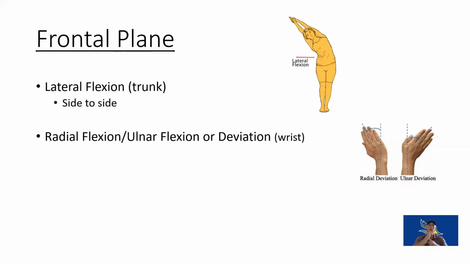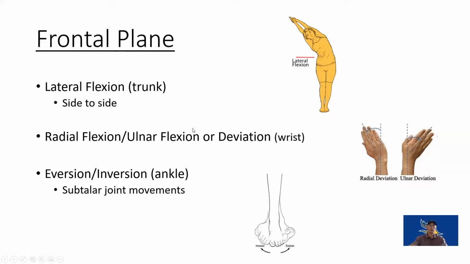The ulna is on the pinky side, okay, because if we're in anatomical position, the ulna is closest to your midline. So radial deviation would be abduction, or bringing the wrist further away from the midline. Okay, ulnar deviation or ulnar flexion or adduction is bringing the hand in, bringing the pinky towards the ulna. Radial deviation, bringing the thumb towards the radius.